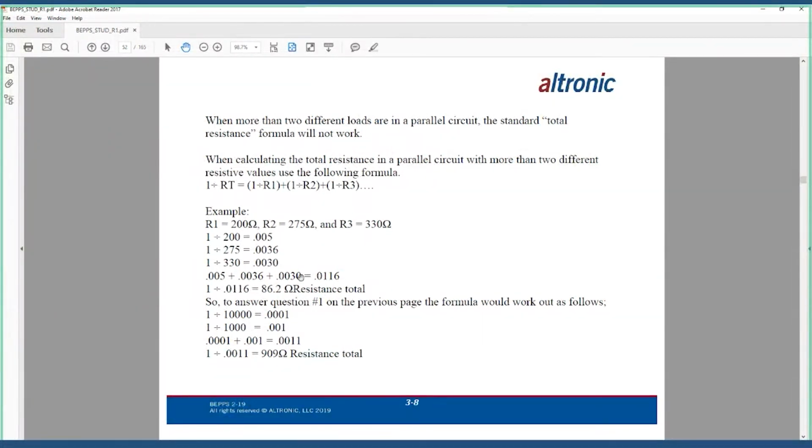And now we add those values together. Got 0.57.